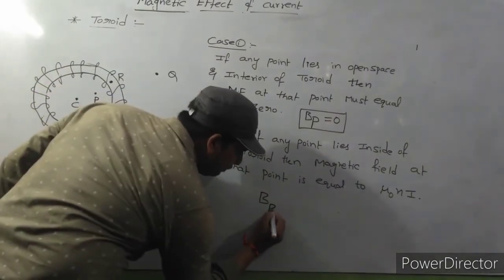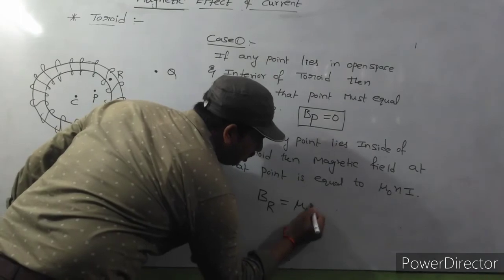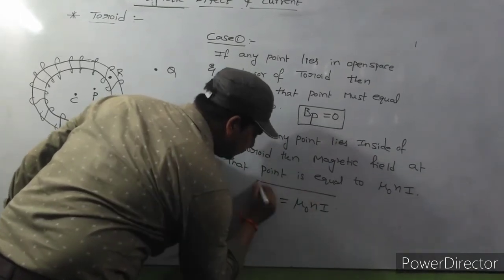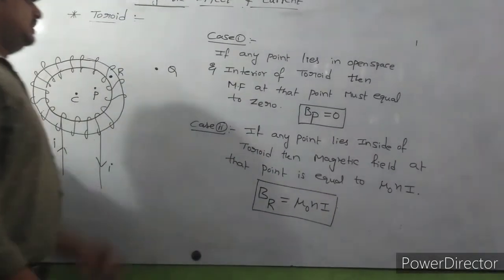That's why B_R is equal to mu naught into small n into I. Okay, this is case 2.